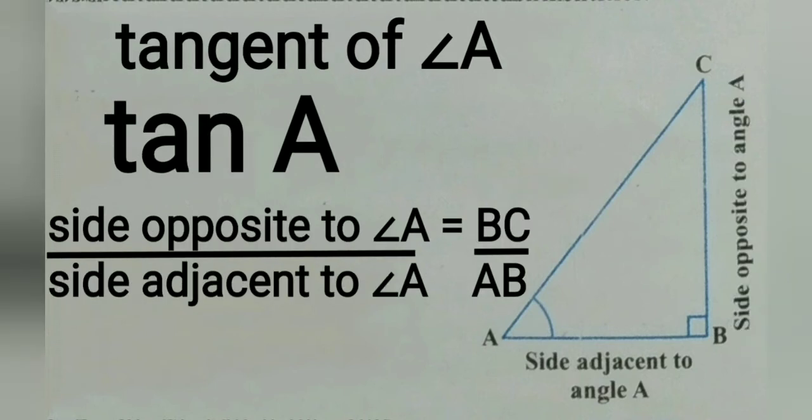Cosine of angle A, also called cos A, is side adjacent to angle A upon hypotenuse, which is the ratio of AB upon AC. Tangent of angle A, also called tan A, is the ratio of side opposite to angle A and side adjacent to angle A, which is ratio of BC upon AB.